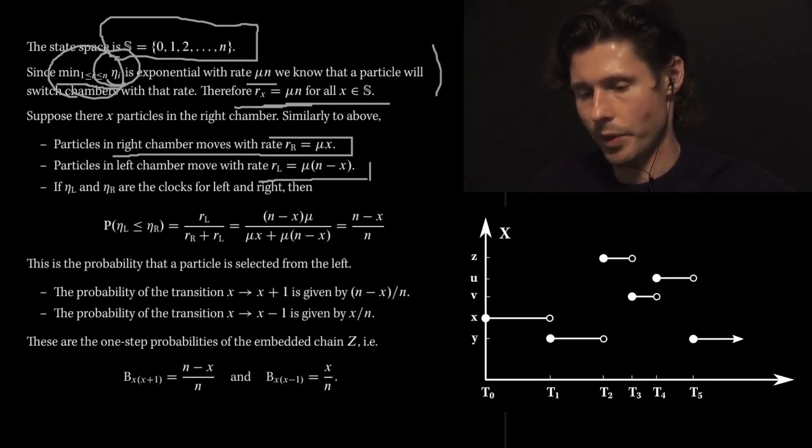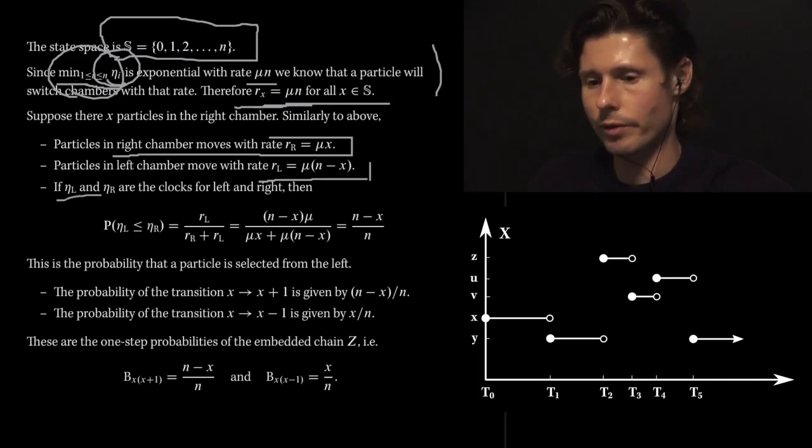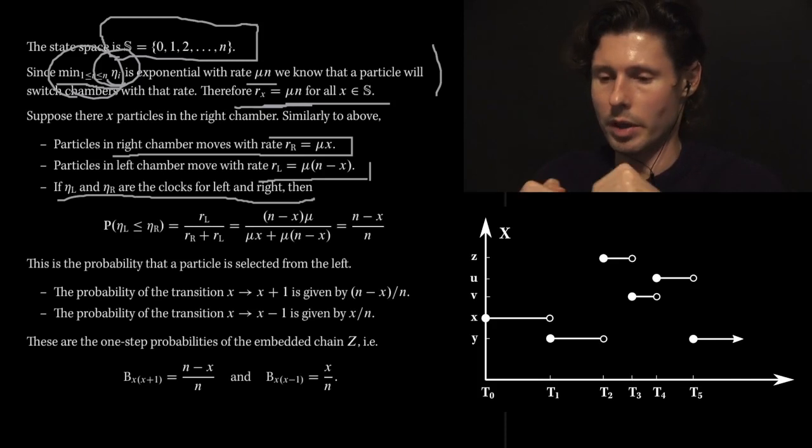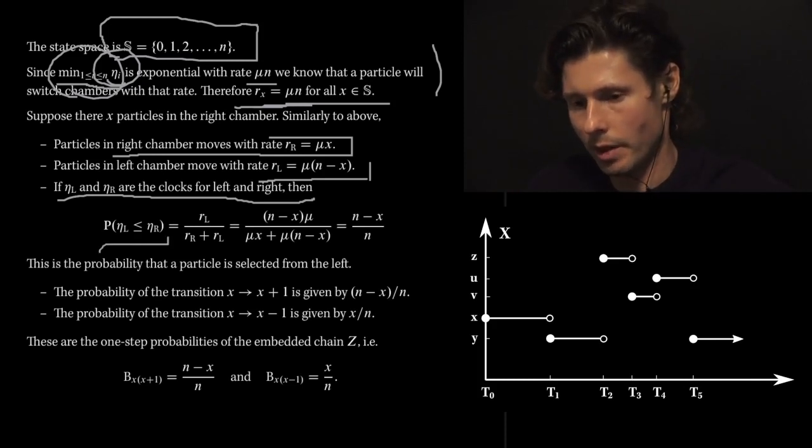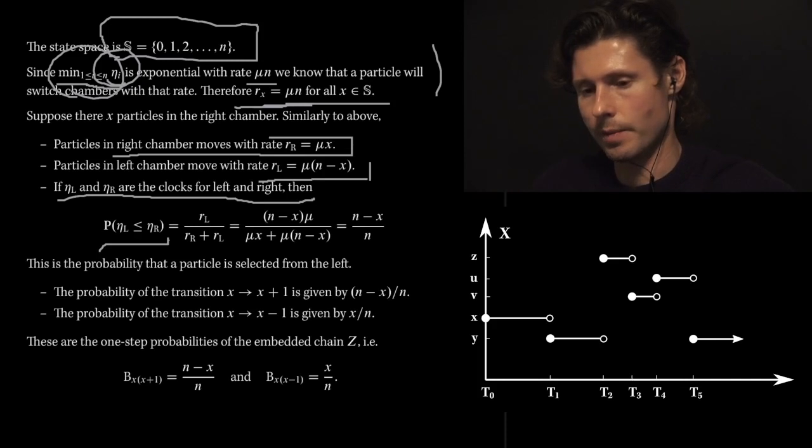And now we have two clocks, one for the left chamber, one for the right chamber, and they're competing for the next event. We want to know, in other words, when do we go up and when do we go down? So when do we gain a particle? When do we lose a particle? So here's the probability that the clock on the left wins. If the clock on the left wins, that means that the particle on the left fires and is moved over to the right.